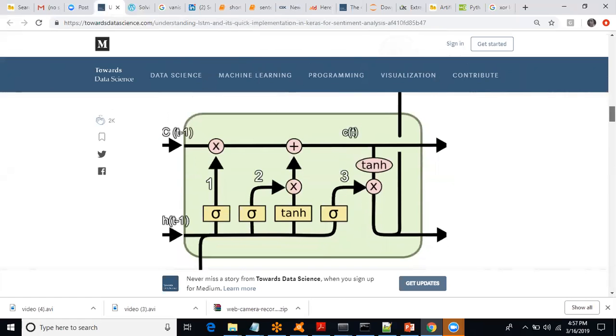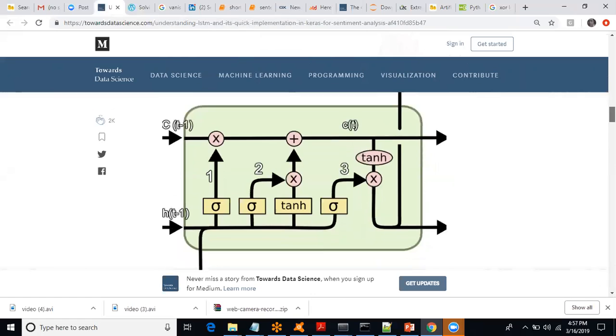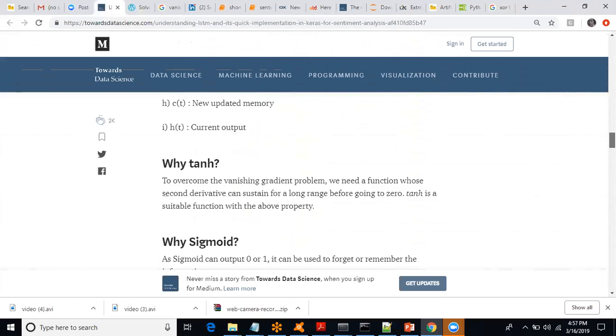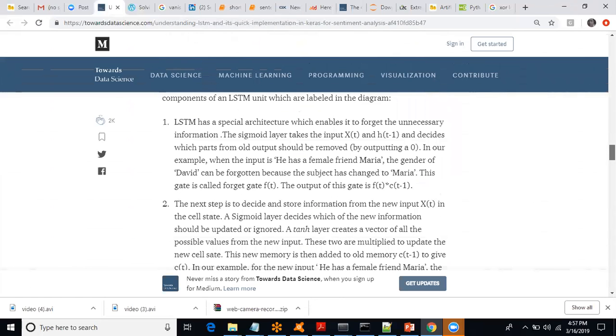Yes. Here, the first step, we are multiplying x of t with h of t minus 1. No, not multiplying.